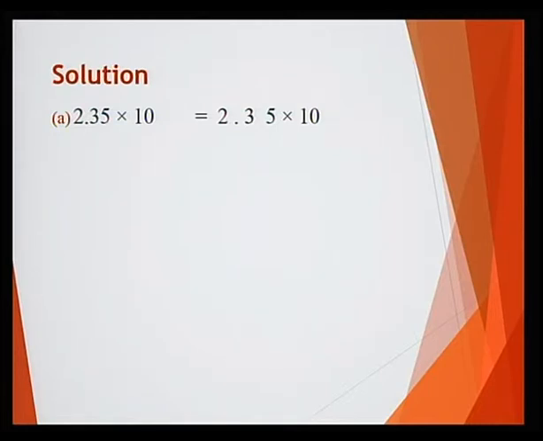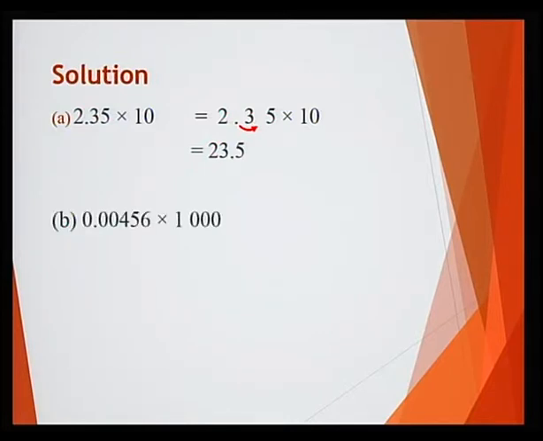If we have two zeros, I move the decimal point 2 places to the right. If I have 3 zeros, I move the decimal point 3 places to the right. So here, 10 has only 1 zero, so I have to move the decimal point 1 place to the right. So the answer is 23.5.